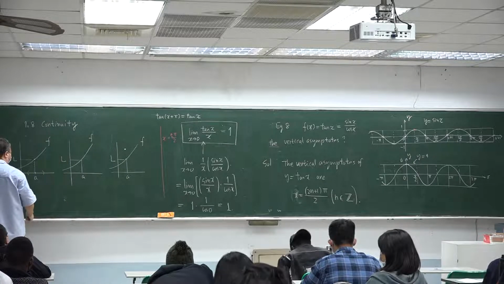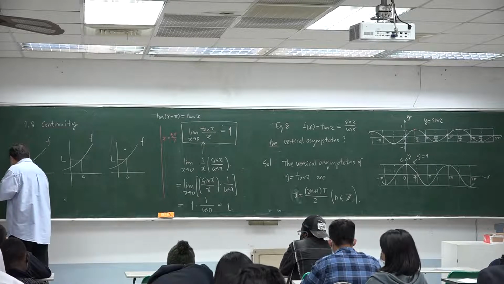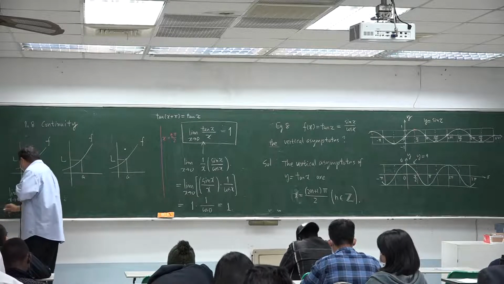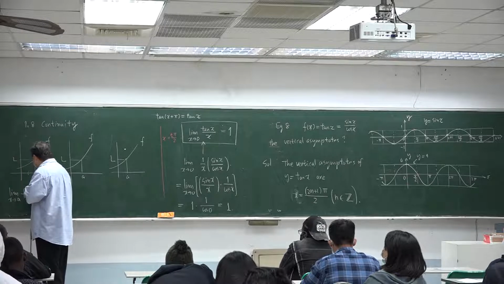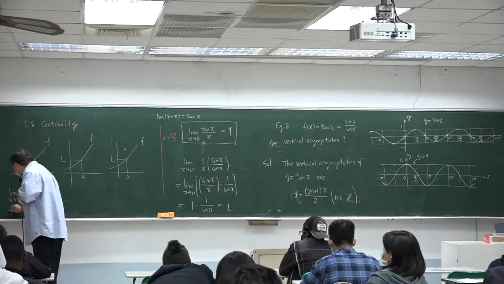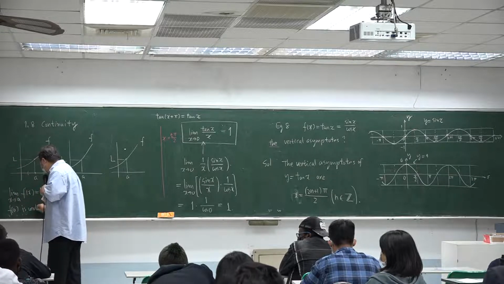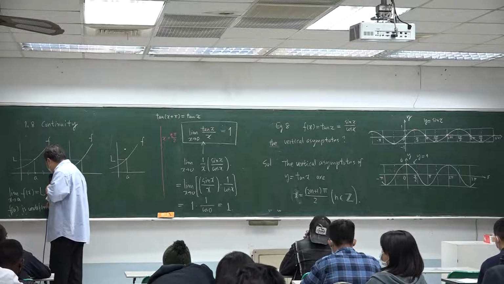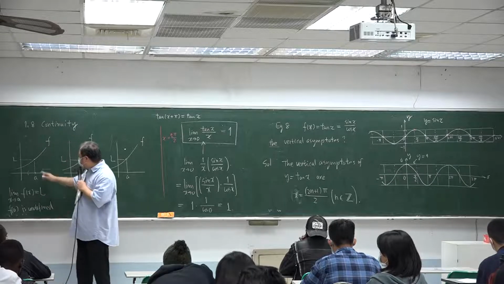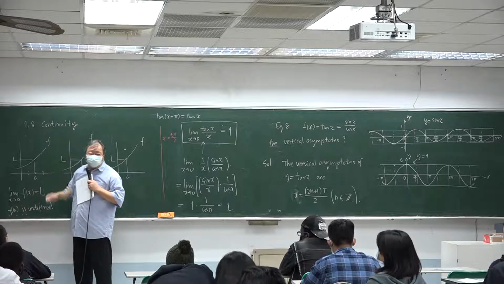In this case, we have the limit as x approaches A of f of x equals L. But f of A is undefined. So we have a gap here, or a small hole here.